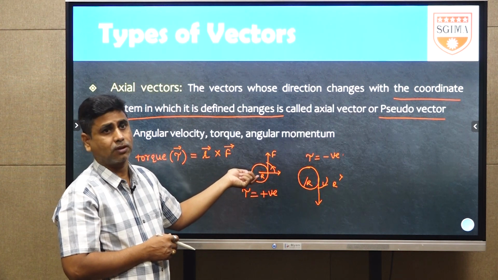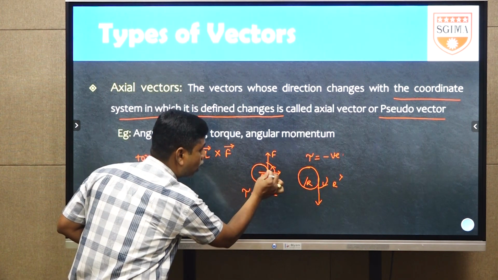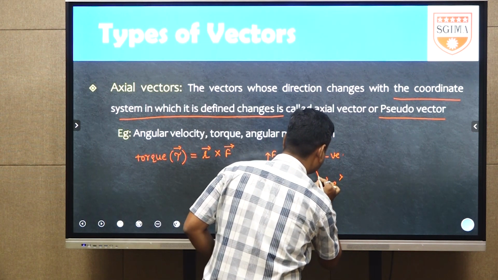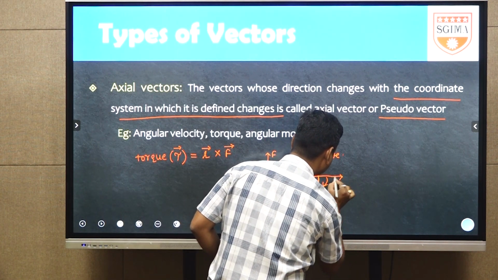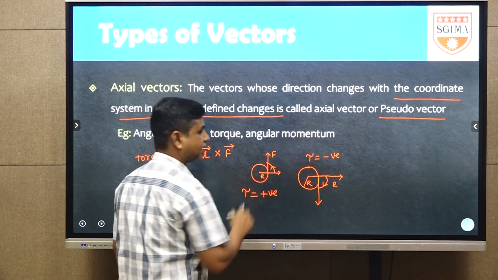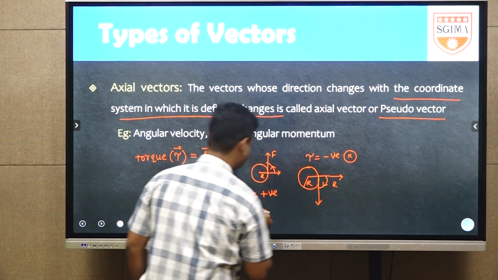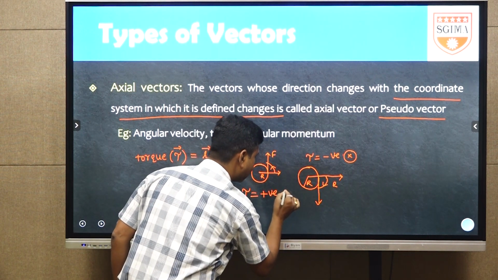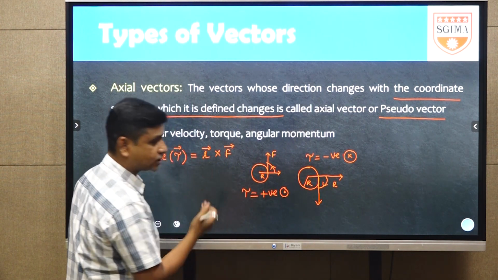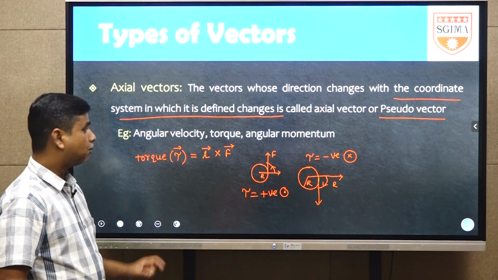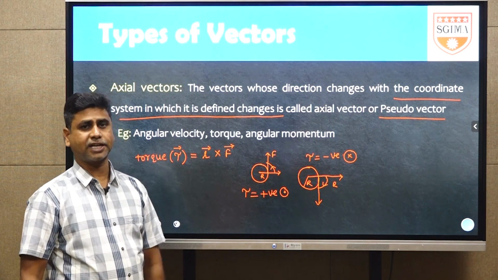Here it acts in the outward direction, and here it acts in the inward direction. This torque is inward into the plane, and this torque is outside the plane; a dot represents outside the plane. That is the axial vector explanation. But it will come clearly in rotational mechanics again.